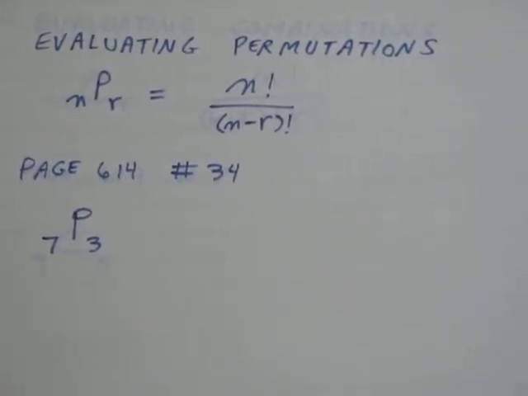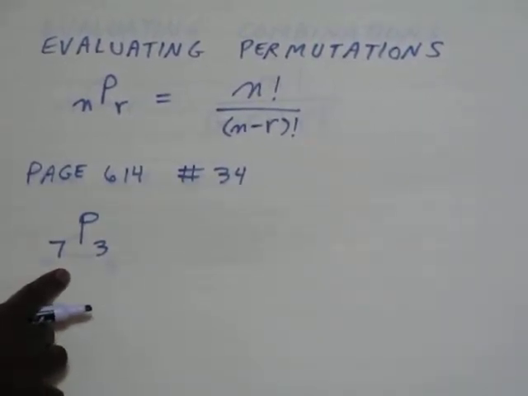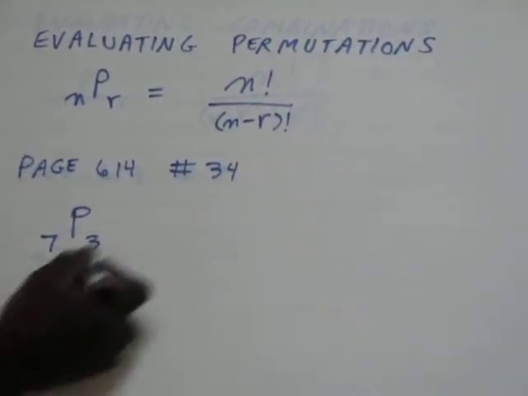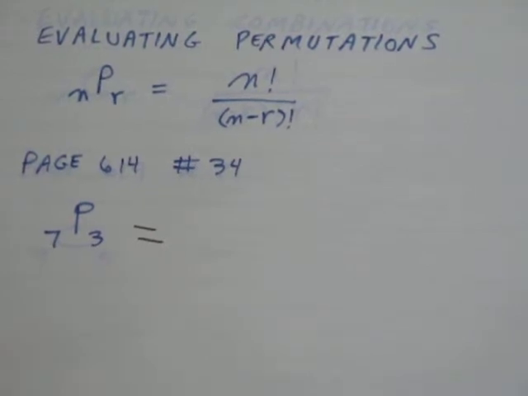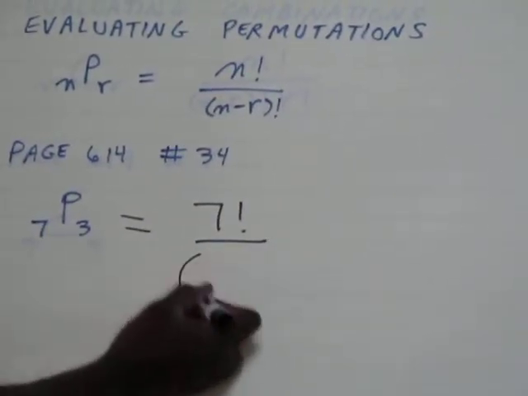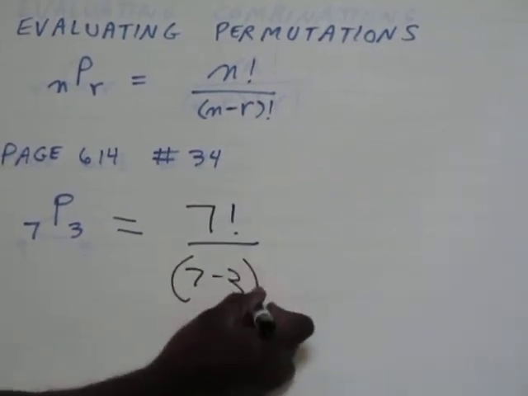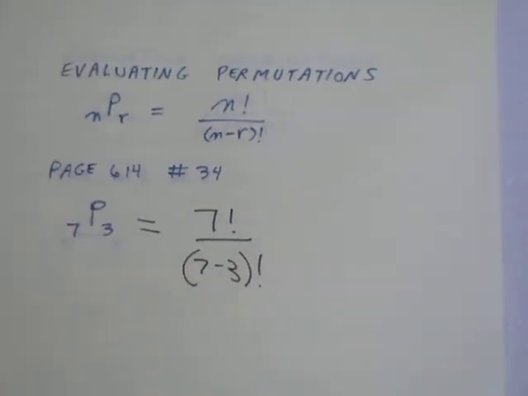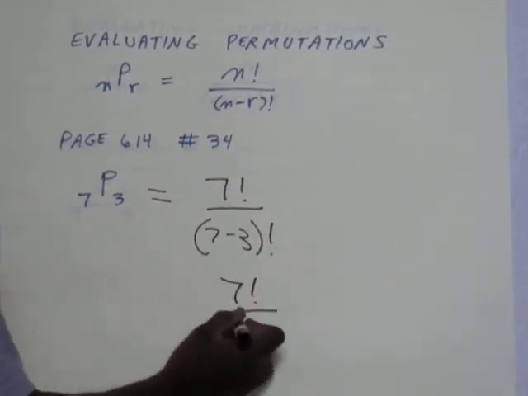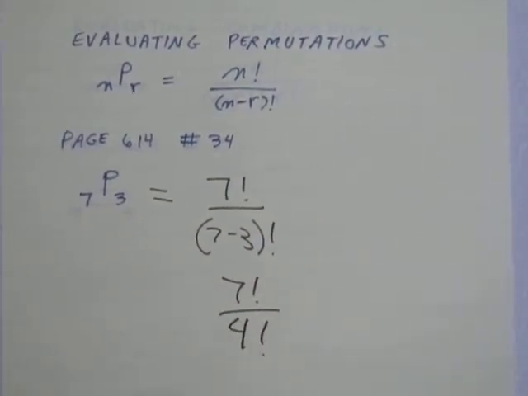Problem 34, we're looking at permutations of 7 things taken 3 at a time. And according to our formula, this is 7 factorial over 7 minus 3 factorial, or 7 factorial over 4 factorial.